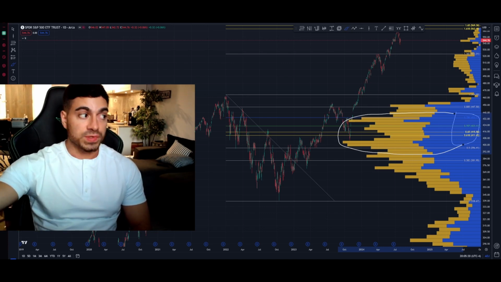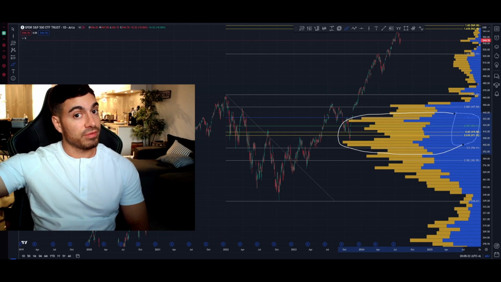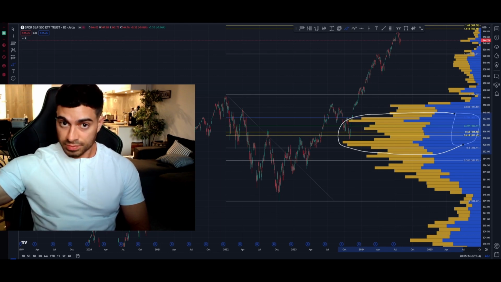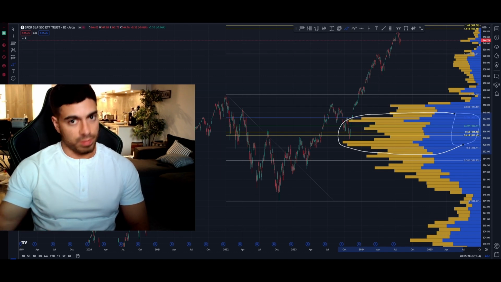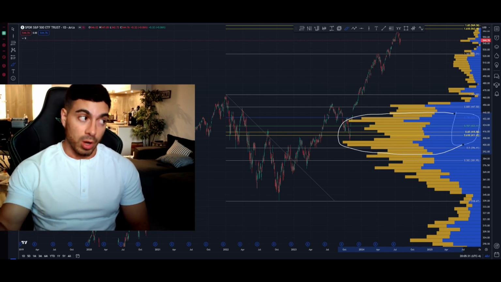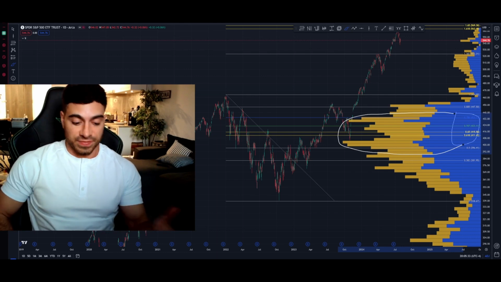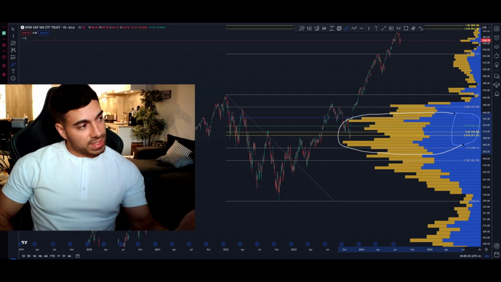But when the time comes for these things to blast to another fib level above or descend lower to a new demand zone, you're going to see options volume populate and come in on the chain most of the time. Now, a lot of the time that options volume can be hedges, it can be misdirection.